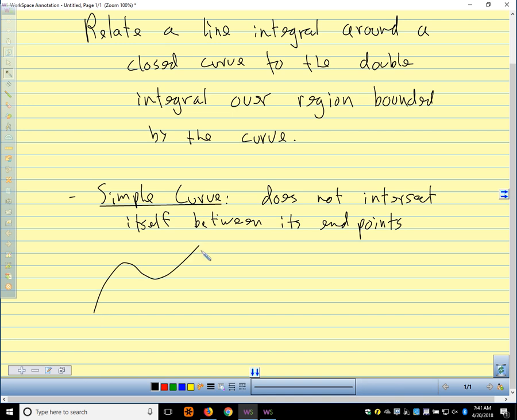So a curve like this, between those 2 points, that would be a simple curve. A curve like this, between those 2 endpoints, going here and then coming around here, not simple.